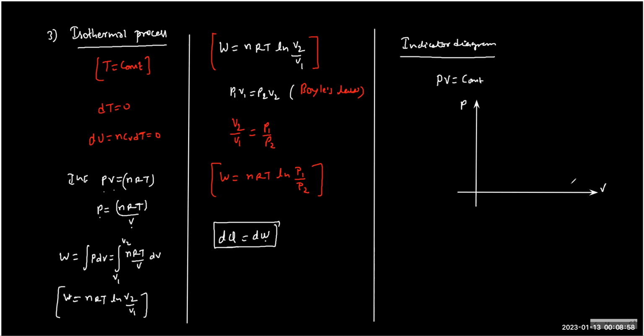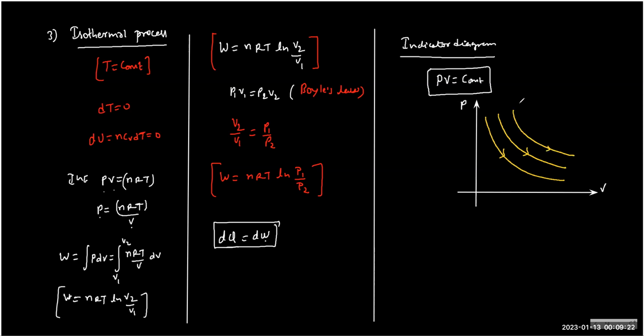And this is called a rectangular hyperbola, if you remember the mathematics. If I draw many such curves, they are isotherms.